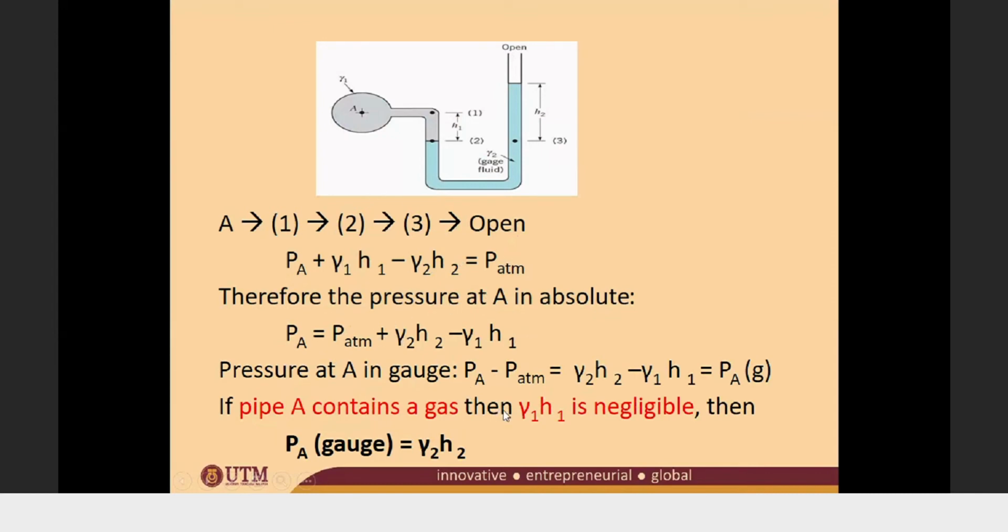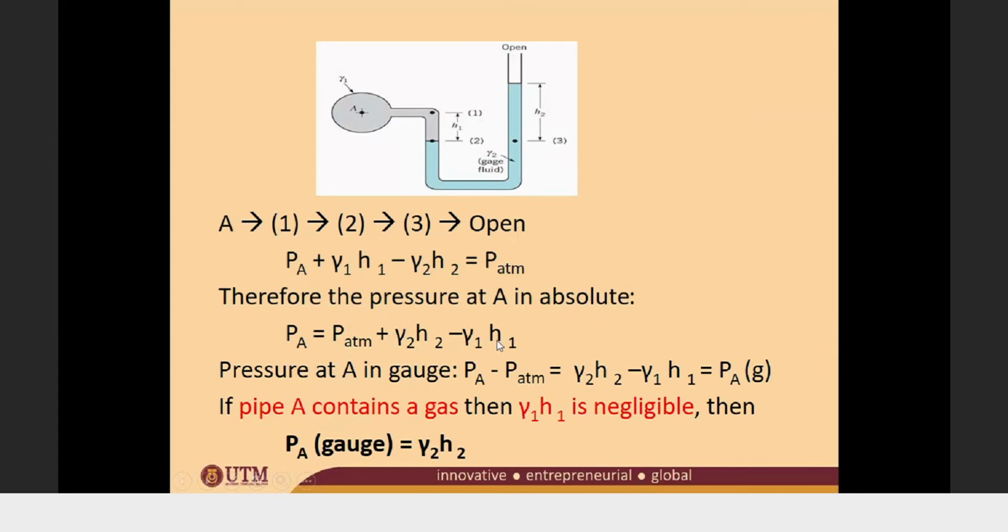Let's say this gray fluid is gas. For gas, you can neglect the rho g h. So PA equals P atm plus gamma 2 h2 minus gamma 1 h1.